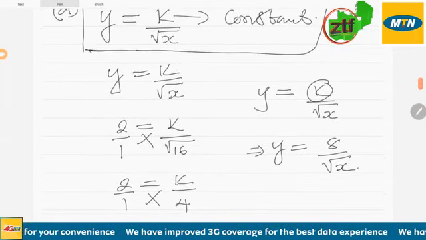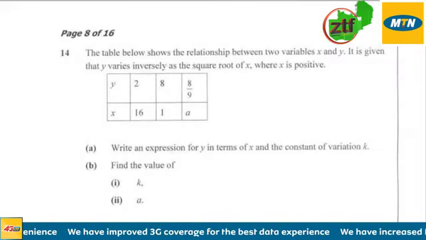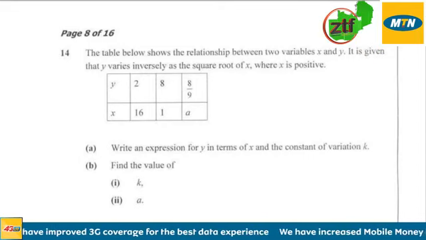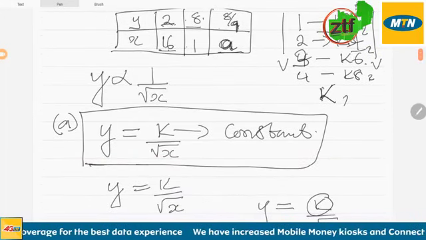When we go to the table of values, we have the y value 8 over 9, which corresponds to the x value, and this is a. We are being asked to find the value of a. So in the equation connecting the variables y and x, wherever there is x, we are going to replace it by a.